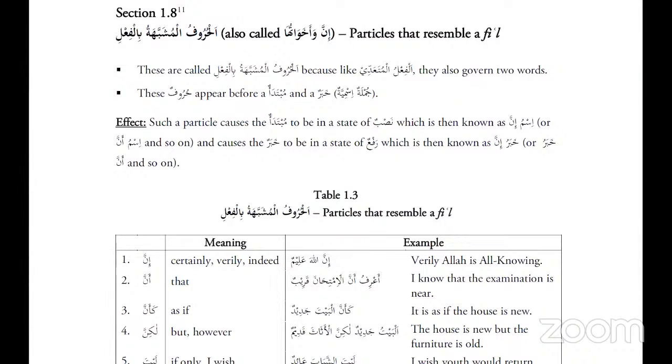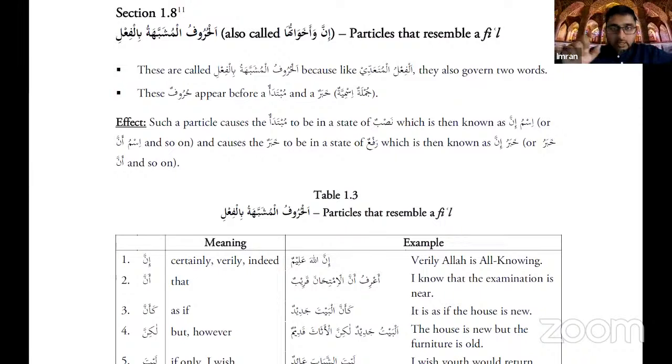Let's start again. There are 2 types of verbs, fi'l lazim and fi'l muta'addi. Fi'l muta'addi is called a transitive verb. A transitive verb is the one which requires the doer and the object. And fi'l lazim, an intransitive verb, only requires the doer, not the object.